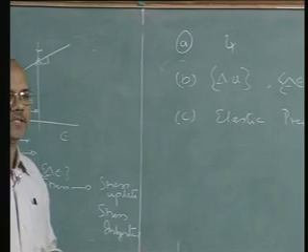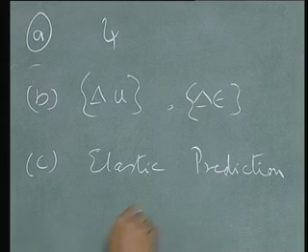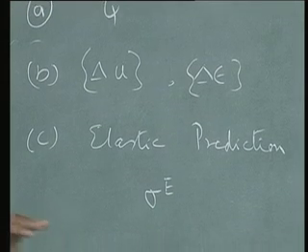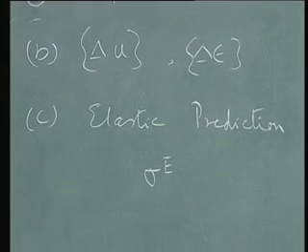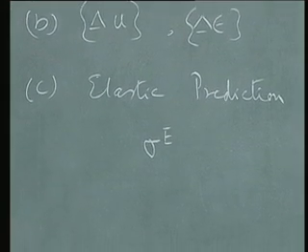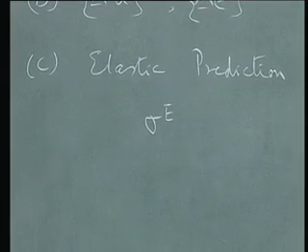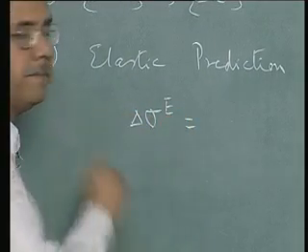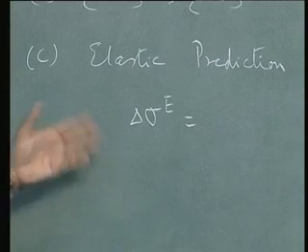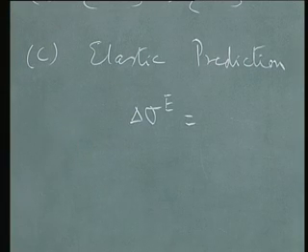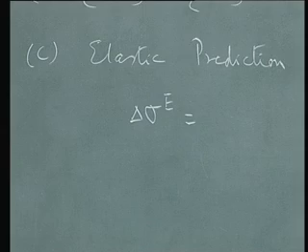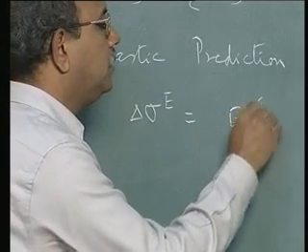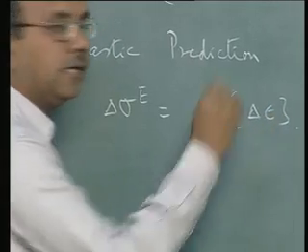What is elastic prediction? That means that I get an estimate. People call this by different names. People say that it's a trial stress or an elastic estimate, by saying that this delta sigma, we will say sigma E, the elastic estimate of delta sigma, to be E into delta epsilon.